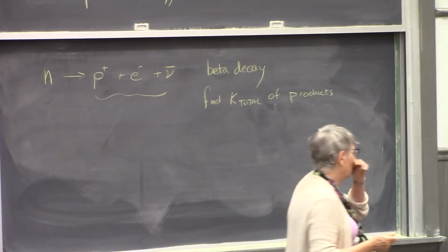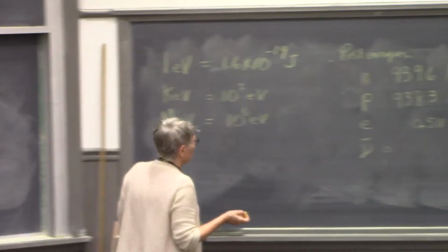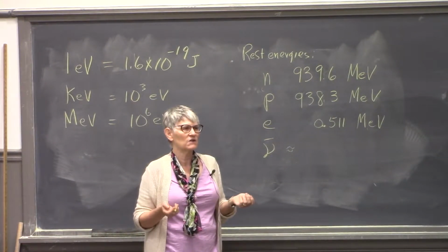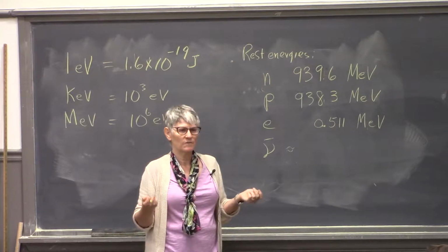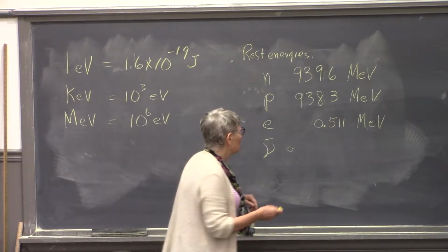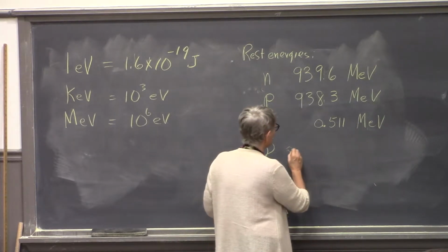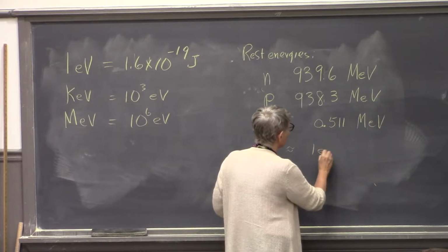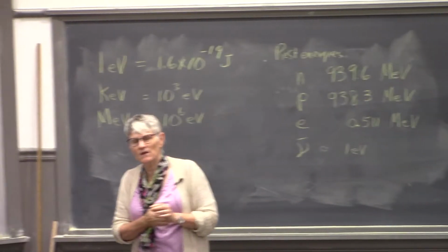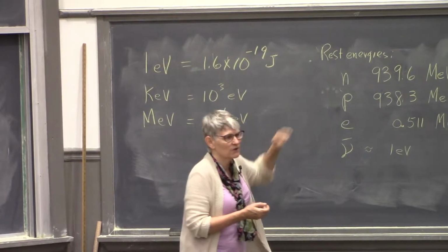It used to be thought that neutrinos were like photons, and they had 0 rest mass. But we now know through some experiments that it's on the order of 1 eV, so 10 to the minus 6 times smaller than all the others.